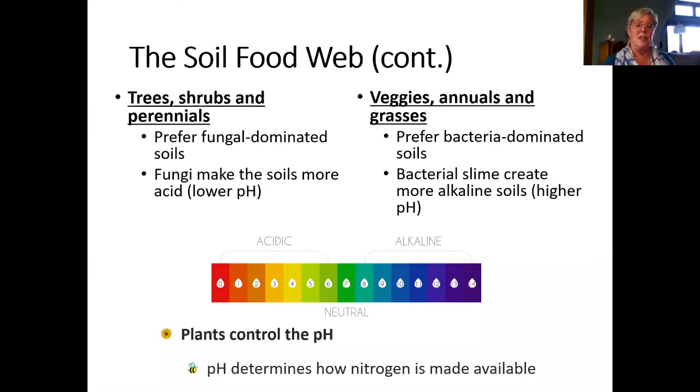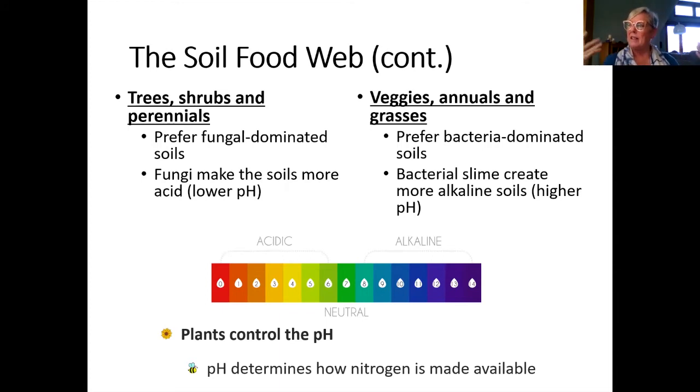So trees and shrubs and perennials, there's different preferences for either fungal dominated soils or bacteria dominated soils. And studies show that areas that are meadows and don't have a lot of woody vegetation are bacterial dominated.